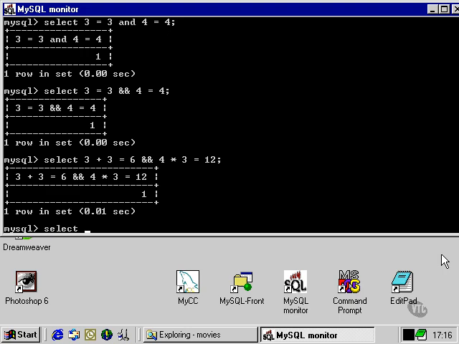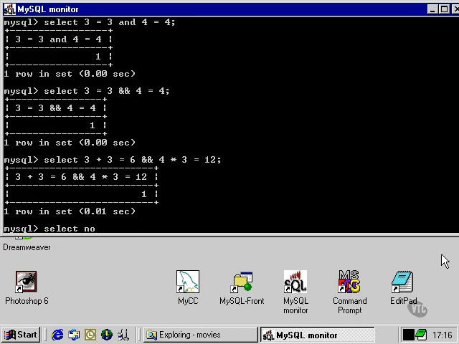There's also a not operator, and that can be spelled out as NOT. What it does is it reverses the Boolean value of the expression which it immediately precedes.